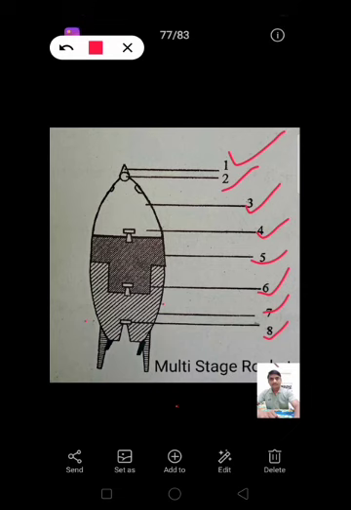Here the relative velocity of exhausted gases depends on three factors. One is temperature, another one is pressure, and the last one is the area of cross section of the nozzle of the rocket.